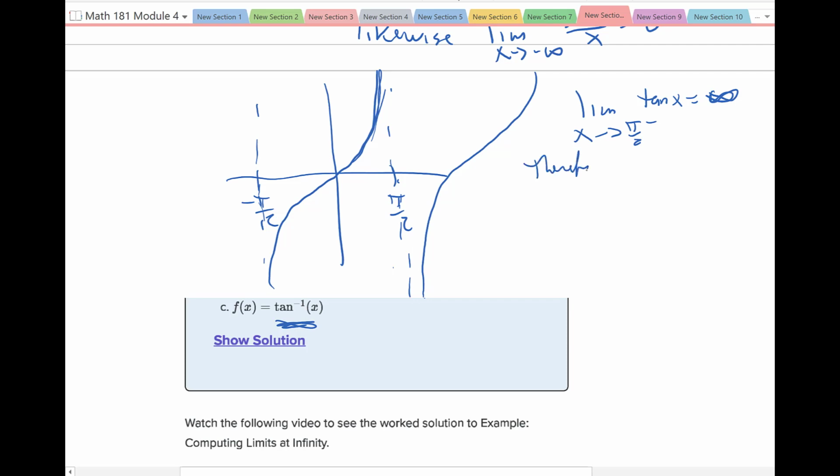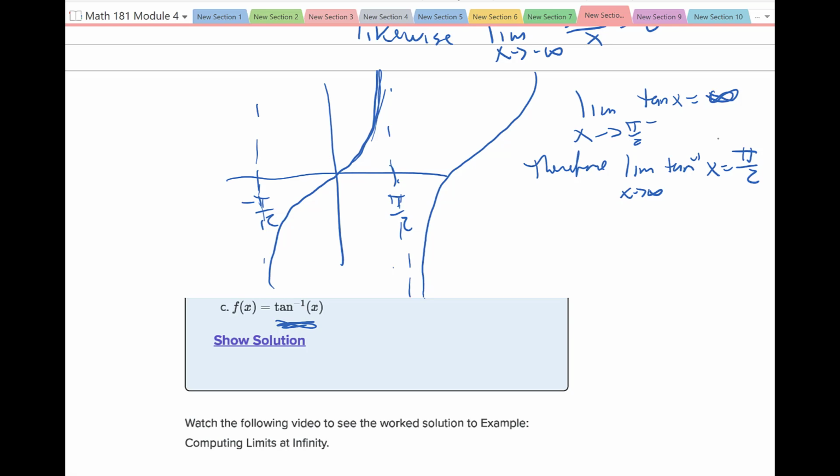Therefore, the limit as x approaches infinity of tangent inverse of x would be pi over 2. Because we see as it approaches pi over 2, it's the original function. So what was the domain becomes the range. What was the range becomes the domain.